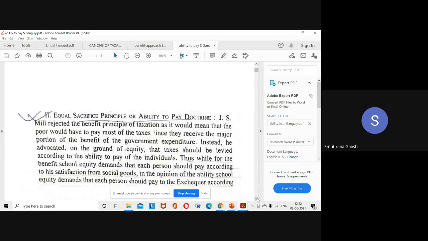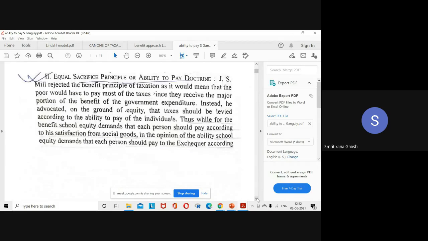The equal sacrifice principle is actually based on the criticism of the benefit approach. The benefit approach is very much criticized by Professor Mill. He said that if the benefit approach is applied, then the poor individuals of the society are very much dependent on the public good, so they are getting a lot of benefit from it. On the other hand, the rich section is not so dependent on the public good, because they can avail private commodities.